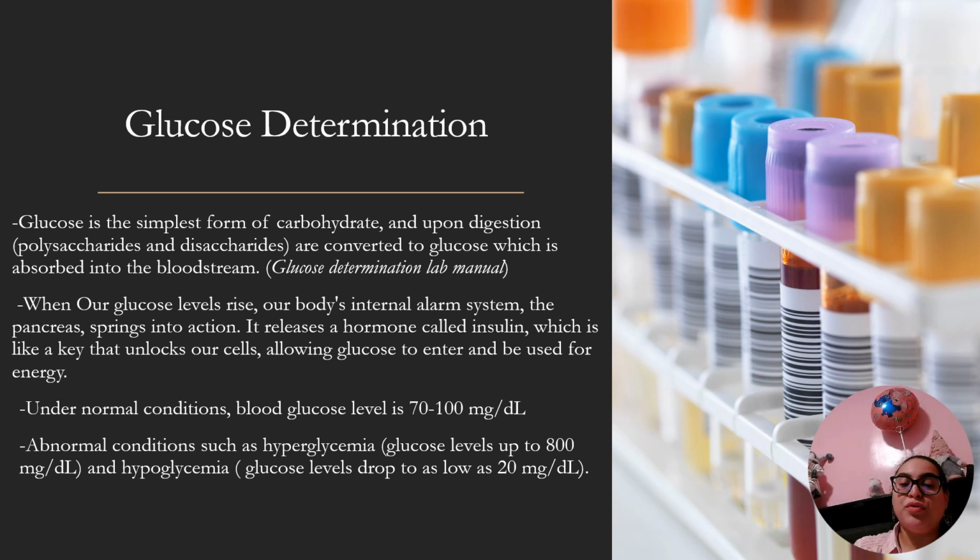Glucose is the simplest form of carbohydrate, and upon digestion, polysaccharides and disaccharides are converted to glucose, which is absorbed into the bloodstream. When our glucose level rises, the pancreas springs into action, releasing a hormone called insulin, which is like a key that unlocks our cells, allowing glucose to enter and be used for energy.